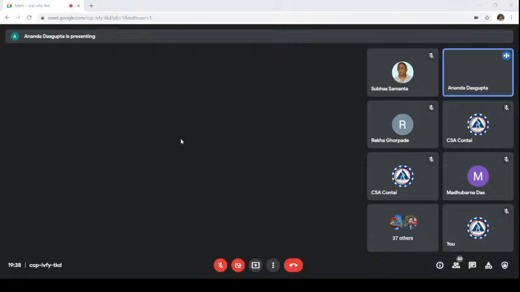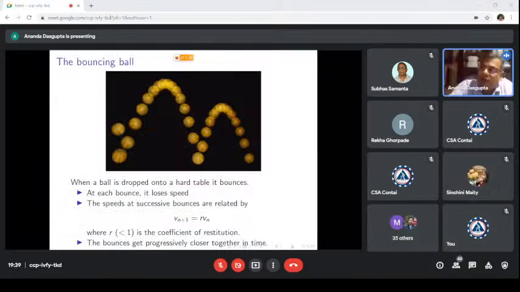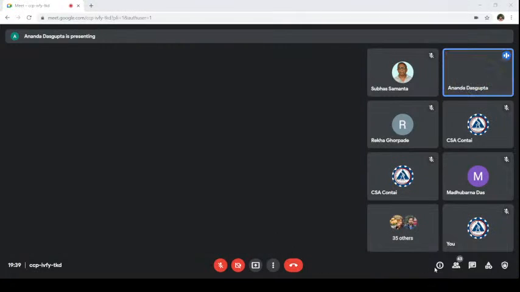And since the ball is reflecting from a fixed platform, either the table or the floor, the velocity of the ball immediately after the collision gets reduced compared to the velocity immediately before by this simple relationship, Vn plus 1 equals R times Vn, where R, this number, is smaller than 1 and it's the coefficient of restitution. And this, of course, was first proposed by none other than Isaac Newton, who did a series of experiments also to verify that this really works out.